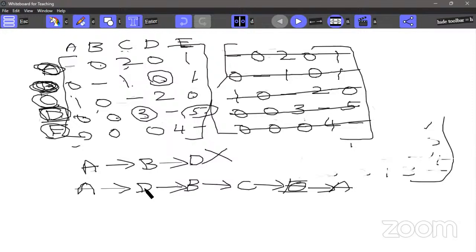Then from D we went to B comfortably because there was a 0 here. From B, we had to go to C because A and D were not possible, but C was a little cheaper option. I will write down here 0. We have used 0. We have used 1. We have used 0. We have used 0, isn't it? Yes.